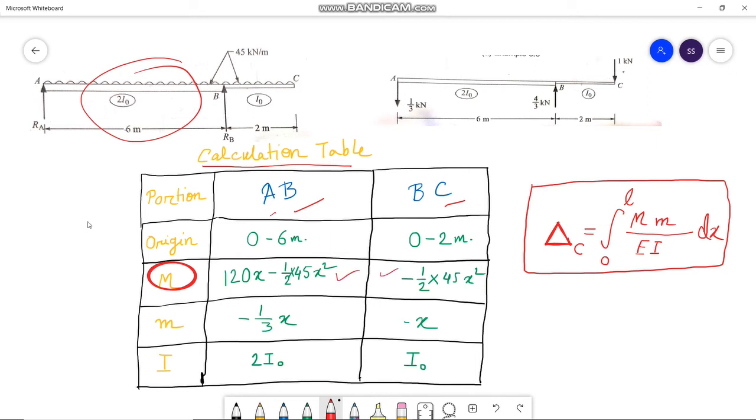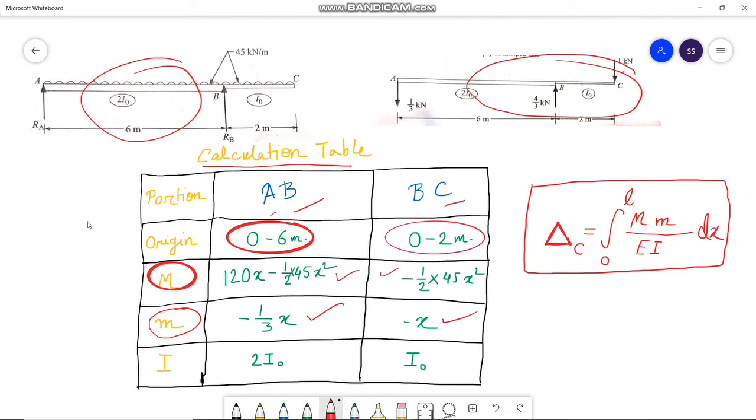So these are the two expressions for the bending moment of the original loading condition. And small m deals with the expression of bending moment for the condition of unit loading, and the related bending moment expressions are as follows. The length of the AB portion is 6 meter and the length of the BC portion is 2 meter.